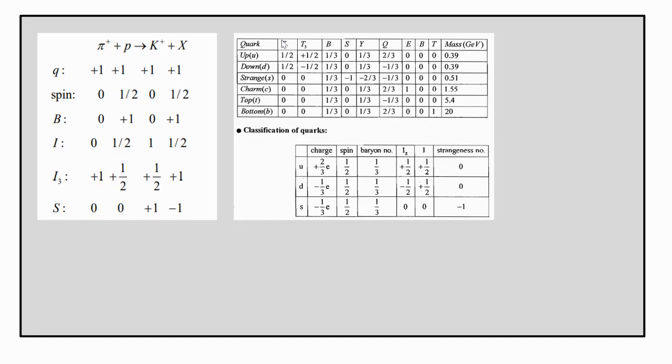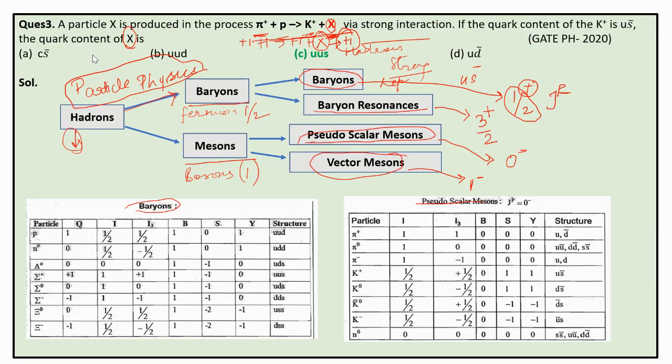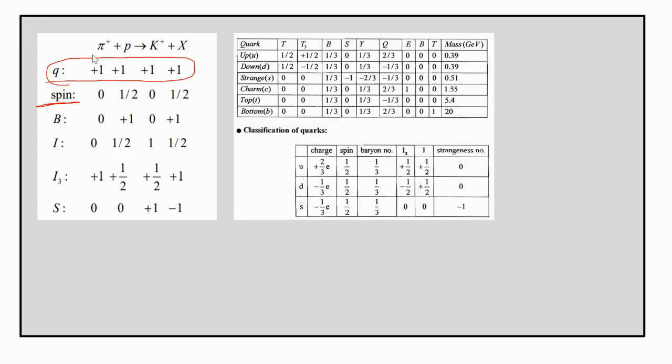Now charge is very straightforward, nothing we need to see. This is spin. You can go back and look into the table: the spin of pi positive is 0.